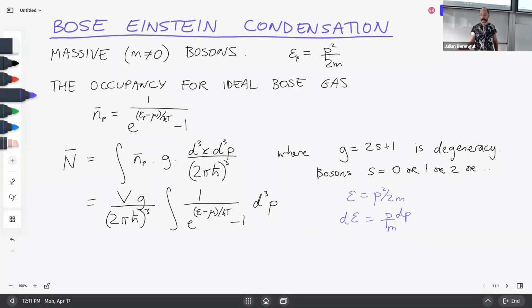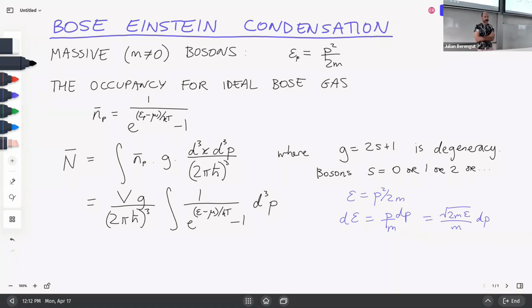And then I want to write p equal to the square root of 2m epsilon. So I get the square root of 2m epsilon. Actually, I probably don't need that last step, but that's all right. I can stay there anyway.